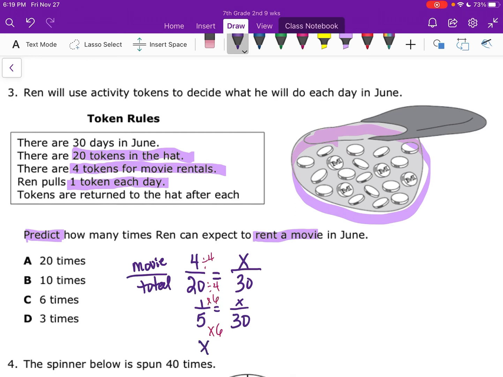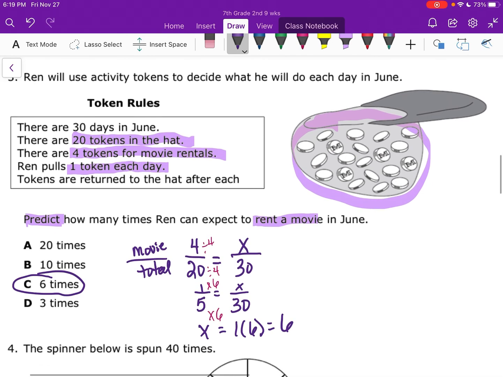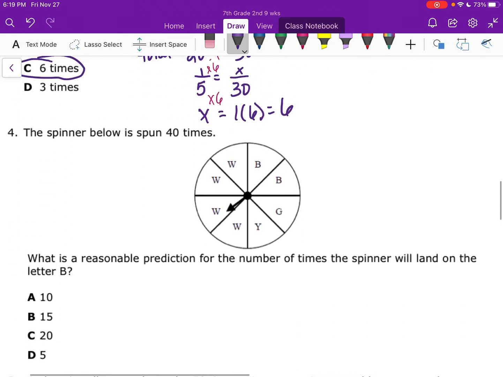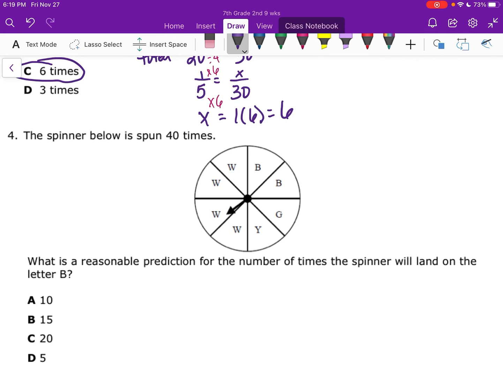So our x is going to be 1 times 6, which is 6. So he should expect to rent a movie about 6 times. Which is about right, because 4 out of 20 is not really that much. So 6 out of 30 days is not really that much. So it's reasonable.